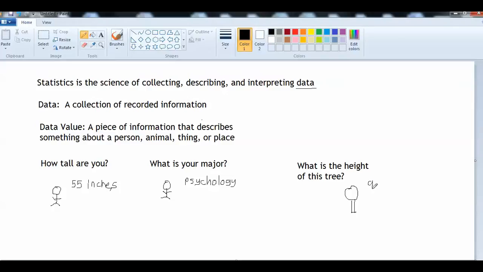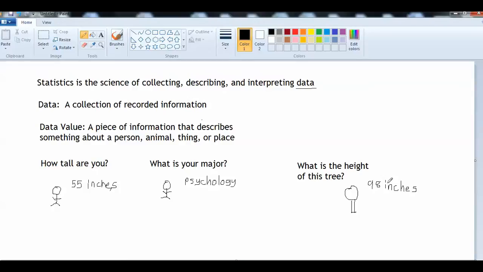Let's say it's 98 inches tall. Now 98 inches is the data value that describes this tree. It describes the height of this tree. So in this case, 98 inches would be a data value. So we have three data values that we've looked at so far: 55 inches, psychology, and 98 inches.